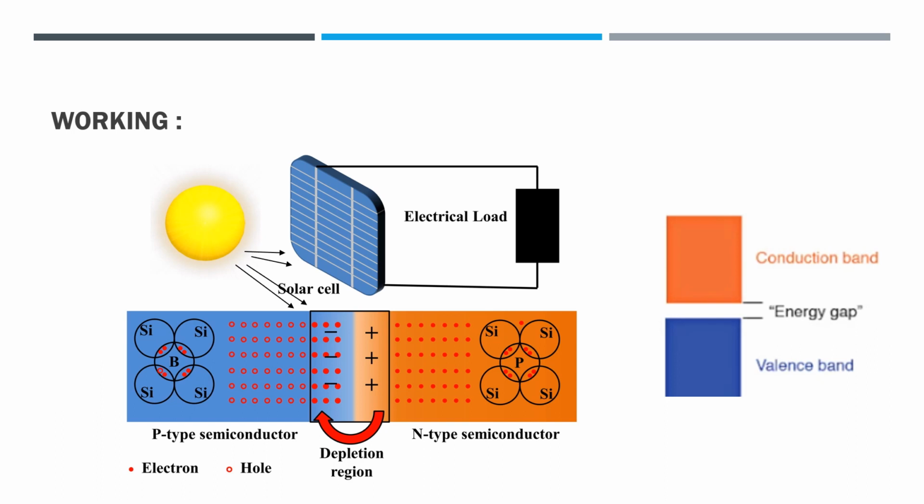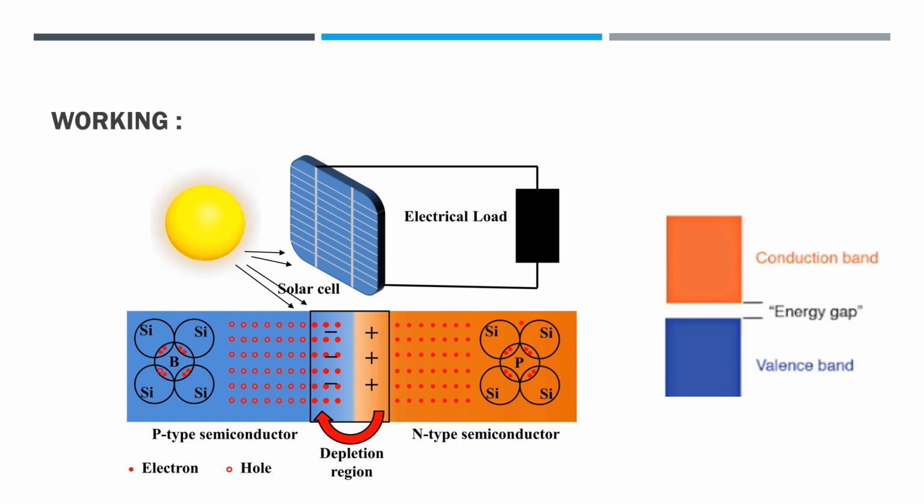When sun rays are incident on the n-type material in the form of photons, they reach the depletion region after crossing the n-type layer. Since the n-type layer is thin, the photons cross it and fall on the depletion region. We'll see the band structure of the semiconductor, that is the band structure of the depletion region, to understand this.